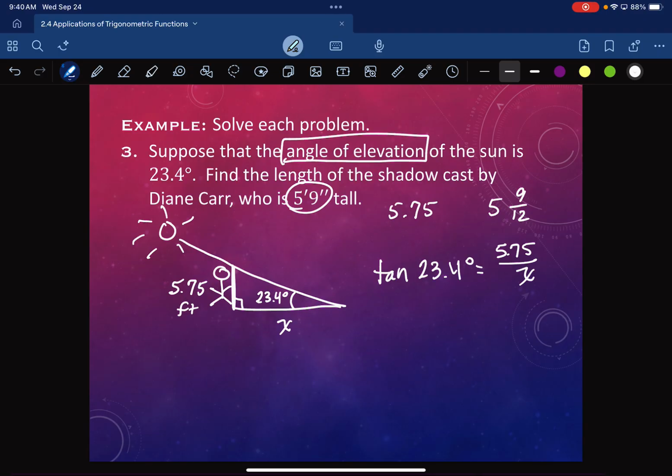Okay, is that okay? So we're going to multiply by x. And if you do this all in one step, you can do that as well, but I'm going to show it in 2 just for the sake of seeing it this time at least. And then we're going to divide by the tangent of 23.4 degrees.